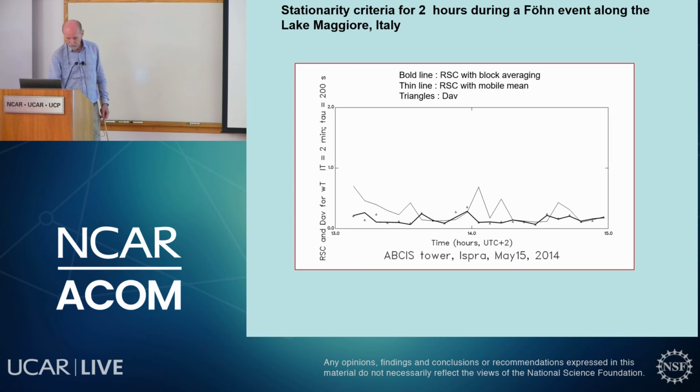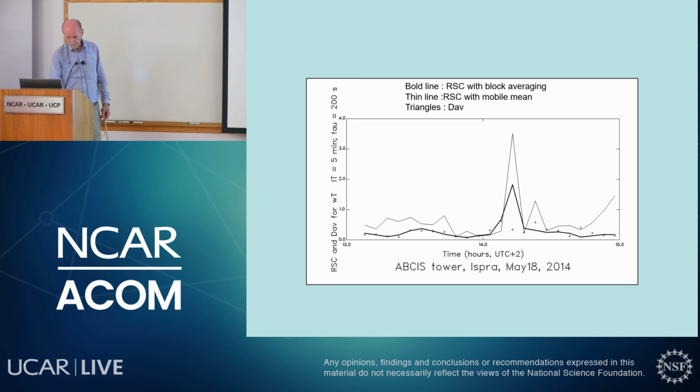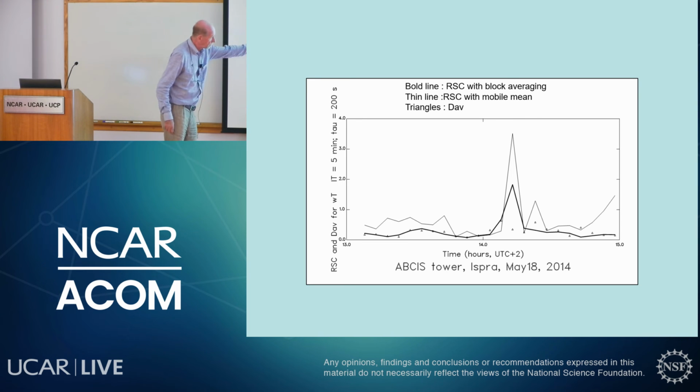Instead, 2 days after it, when the Föhn disappeared and you have the valley mountain breeze situation, you have a spike here, because when I examined the data, the wind direction changed completely around this time.